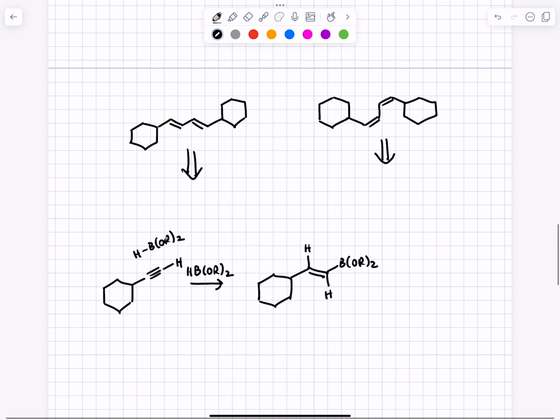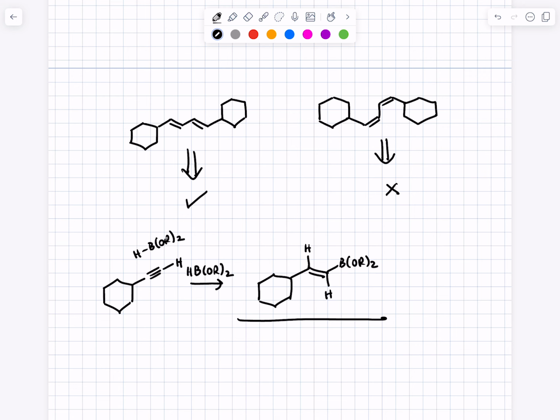Your text says that this one works using this as one of the Suzuki starting materials, this one not so much. Some of you have been confused by that, but maybe now that you see it, you're not so confused anymore. Why can't I make this from this? It's a cis-trans issue, right?